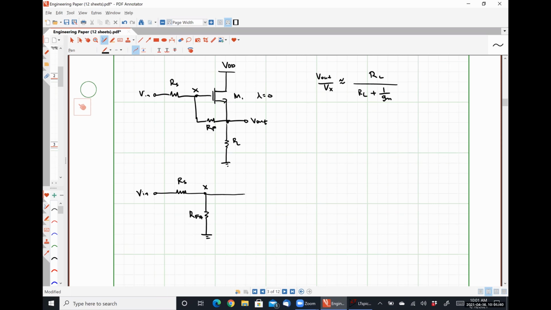Node X is also the gate voltage for my transistor. So here I'm going to have VGS. This is my source. Here I have gm VGS. My drain is tied directly to VDD, so that's going to look like a small signal ground.